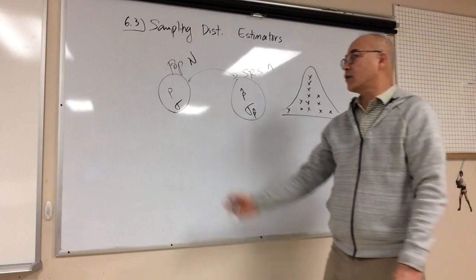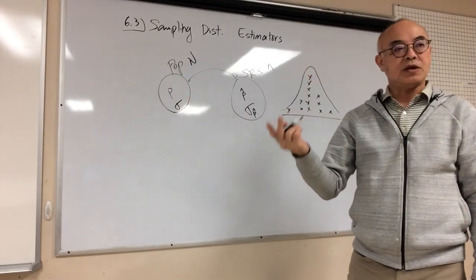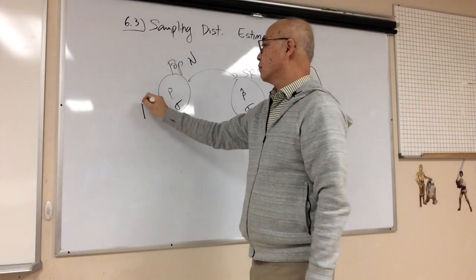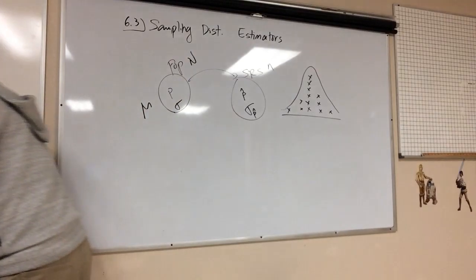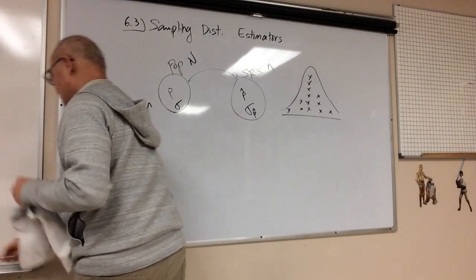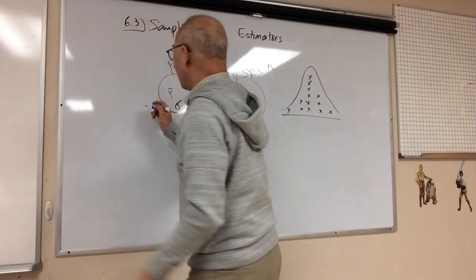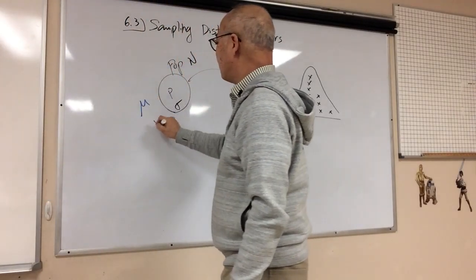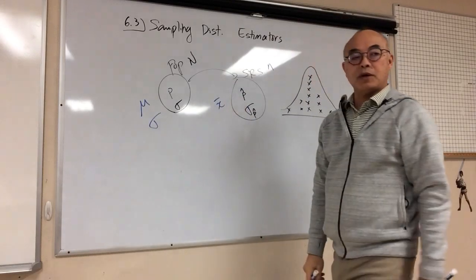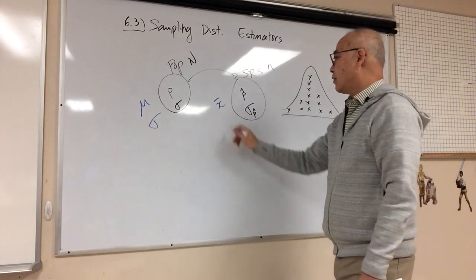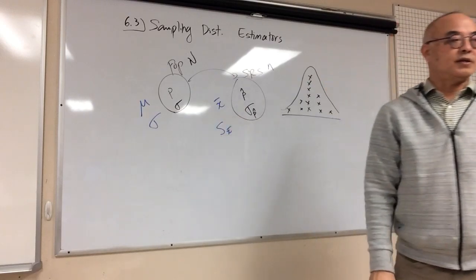And we can do this not only for proportions, we can also do this for means, right? Means, right? Do a different color. So for a mean, I would have this and this. And over here I would have a sample mean, right? And then I would have a standard deviation of that sample mean.